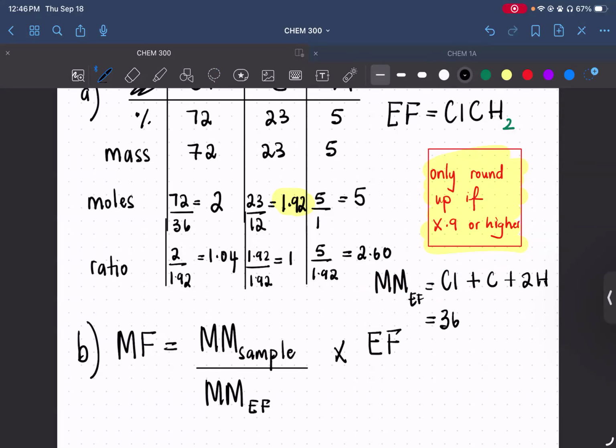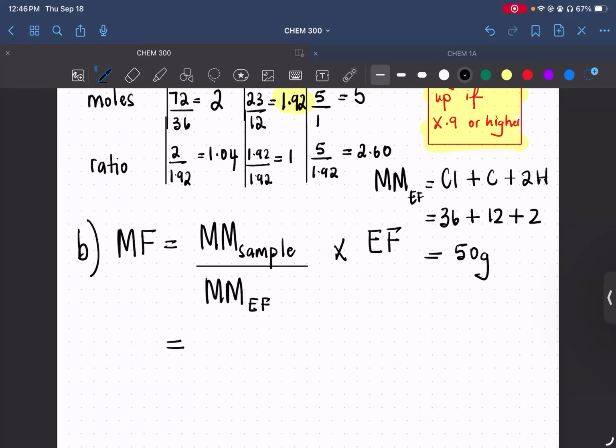Chlorine is 36. Carbon is 12. Each hydrogen is 1. So 2 hydrogens is 2. For a whopping total of 50 grams.